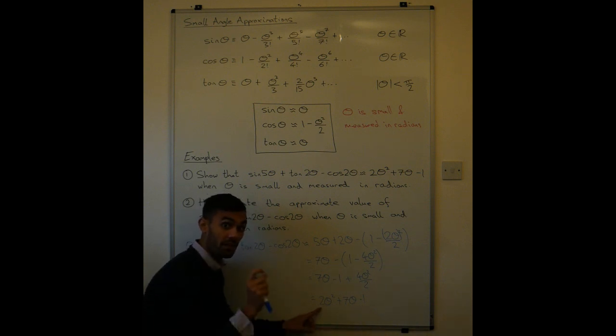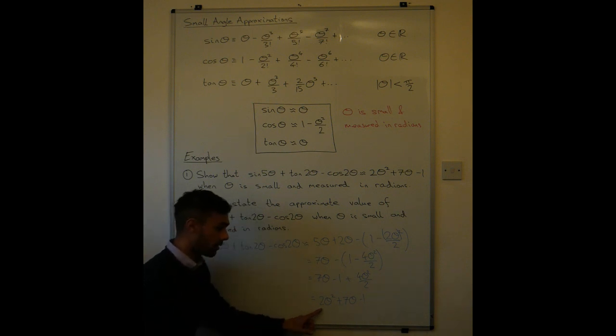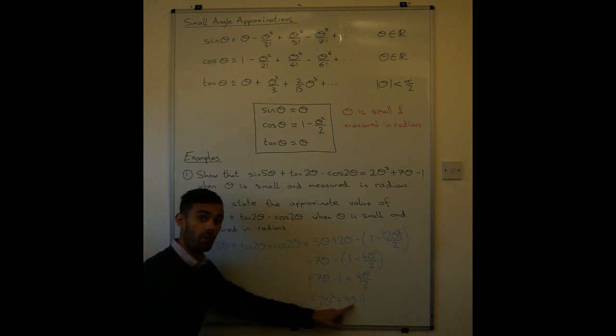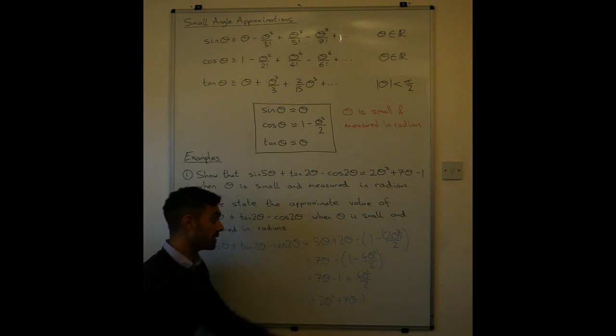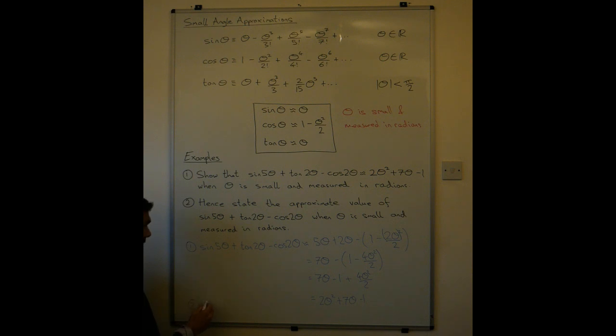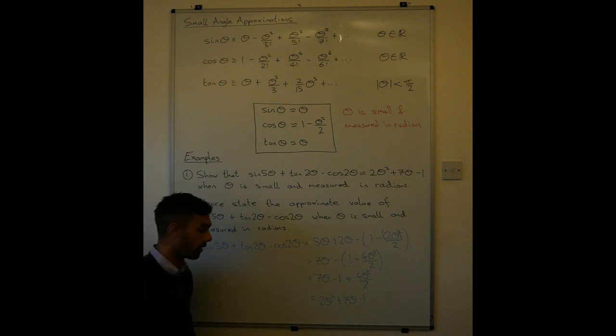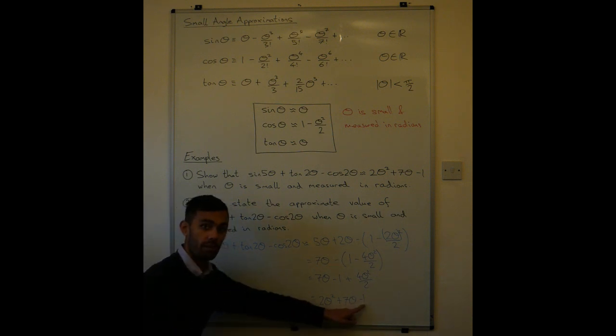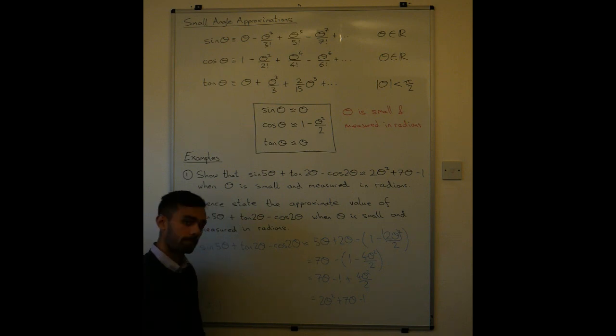And if theta is very small, so it's approaching 0, these first 2 terms will also be very, very small. Which means this expression will roughly equal -1. That's really the only term of any significance. And that's it.